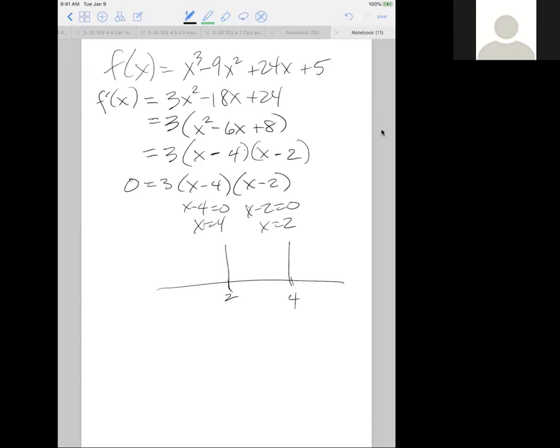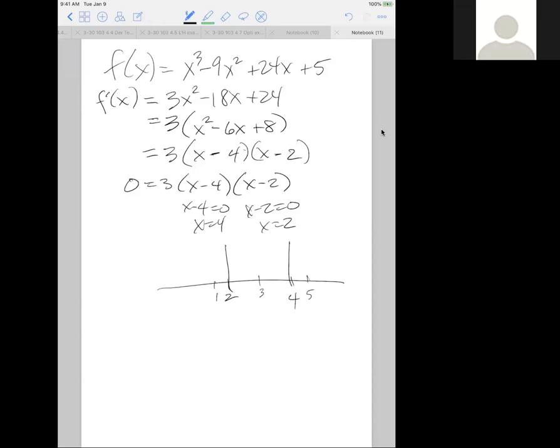Remember that the goal of either test, first derivative or second derivative, is to tell whether you have a local max or a local min. So the first derivative test was a matter of picking a point in each of the regions. An integer, the smallest one I could get is the easiest.